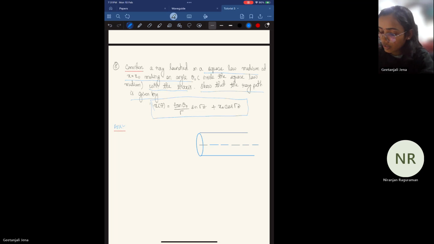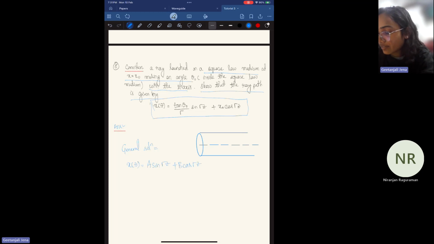So what is the general form for a parabolic index medium? The general solution we have seen in question 2, 3 is x(z) = a sin(gamma z) + b cos(gamma z).